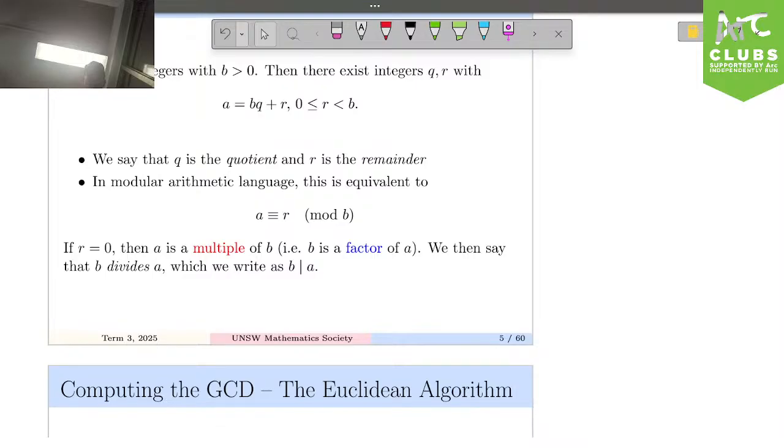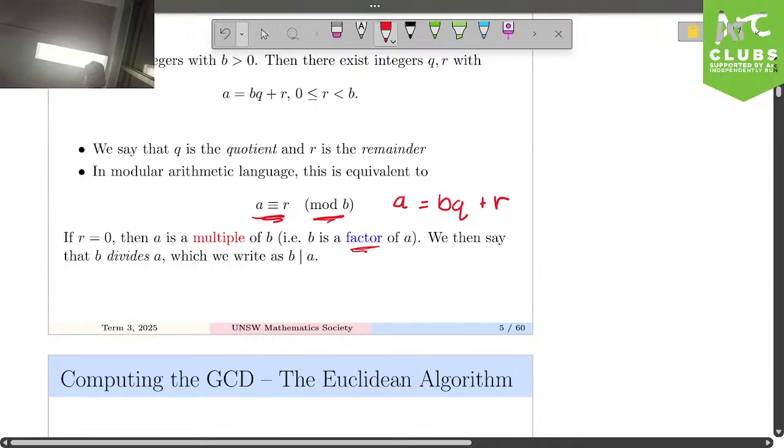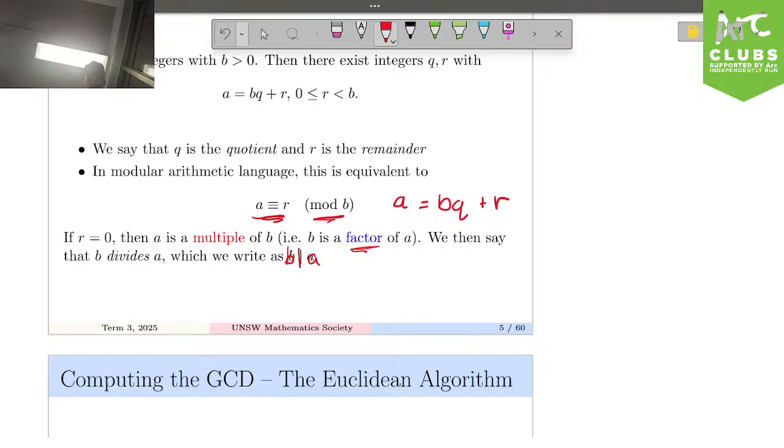So a is equivalent to r mod b means that a = bq + r for some integer q. I can add multiples of b and I'm not going to change this equivalence relation. It also gives us a way of writing b is a factor of a, b divides a.